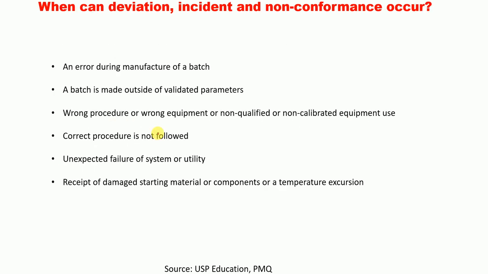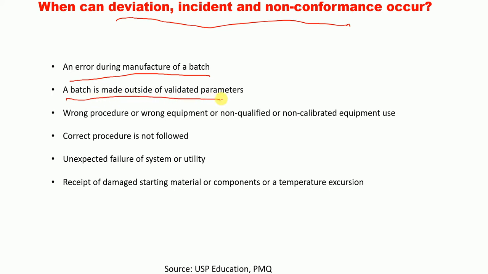The next question is when can deviation, incident, and non-conformance occur? It can occur as an error during the manufacture of a batch, or when a batch is made outside of validated parameters.